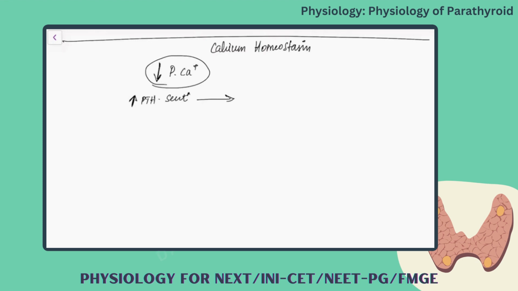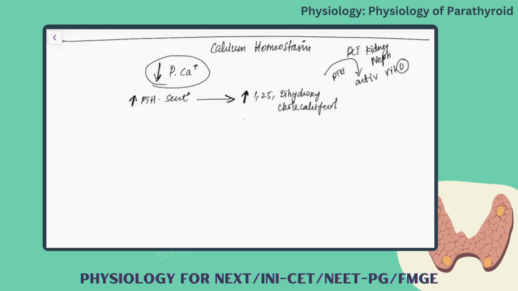This parathyroid hormone also acts on the proximal convoluted tubule of the nephron, and it performs the activation of vitamin D. Okay, so this increases 1,25 dihydroxycholecalciferol, and it decreases calcitonin level.